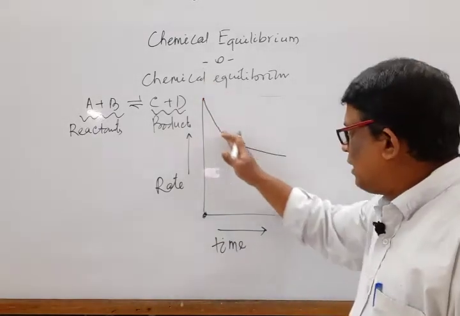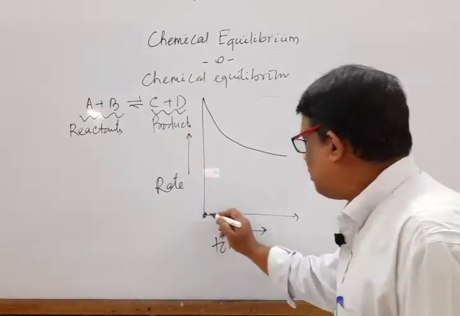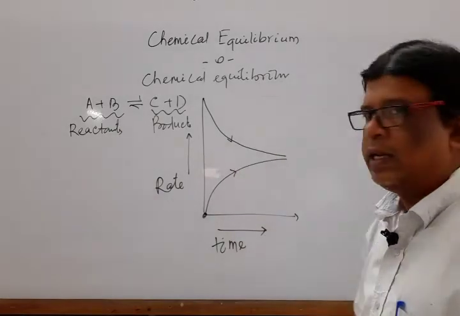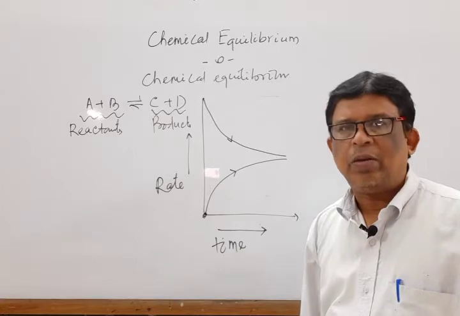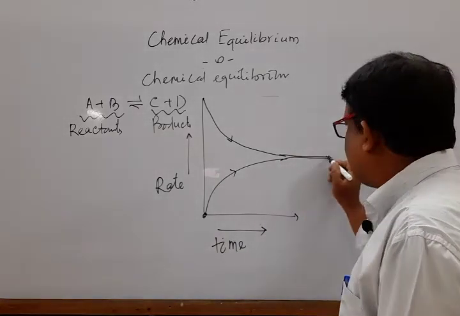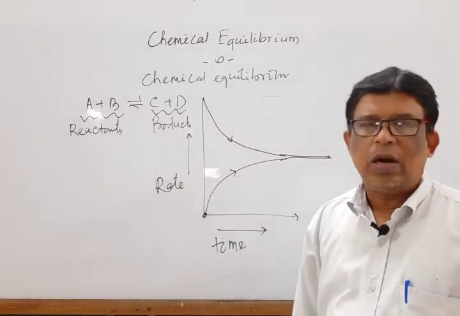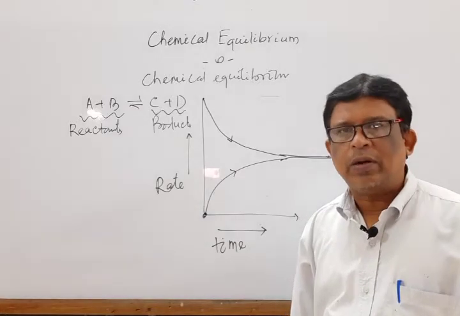The concentration of reactant gradually decreases, while the concentration of product gradually increases. After a certain time interval, the rate of disappearance in the concentration of reactant is equal to the rate of appearance in the concentration of the product.